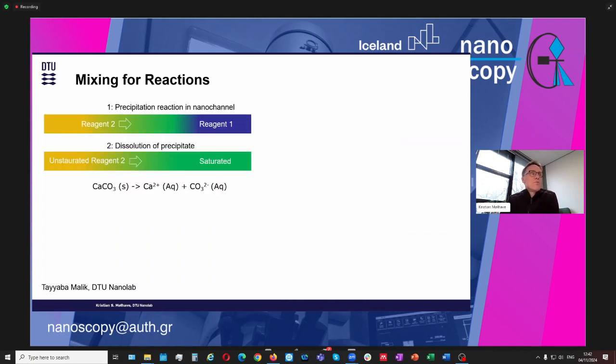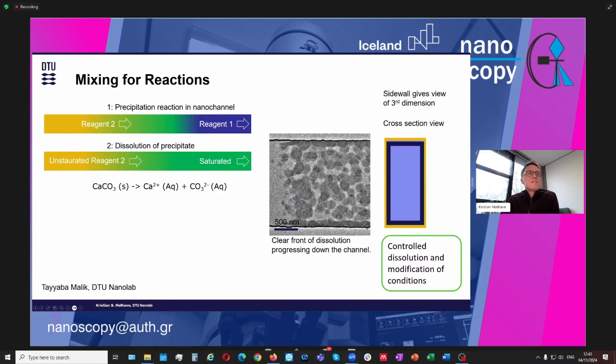And once you've formed a precipitate by flushing in reagent 2, if you keep on flushing reagent 2, well, that's not saturated with calcium carbonate. And if you got a carbonate crystal here, it'll start dissolving and it'll saturate the solution flowing down. So you will begin seeing dissolution processes, but in a very controlled dissolution front moving down through the channel.